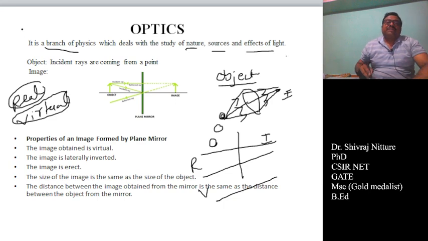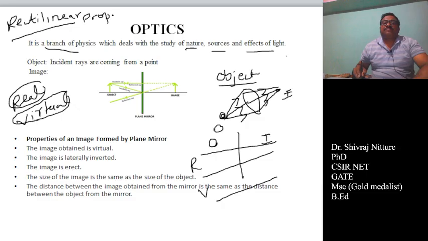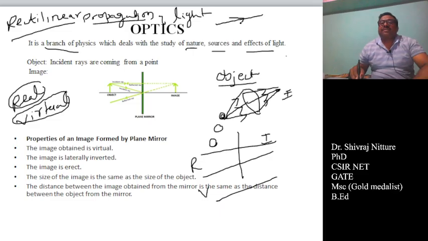Why? Because of rectilinear propagation of light. In optics, first we are dealing with ray optics, and here rectilinear propagation of light is very important. According to rectilinear propagation of light, light always travels along a straight line in a given homogeneous medium.